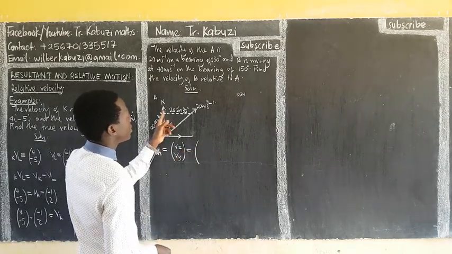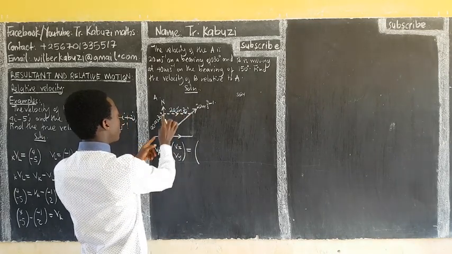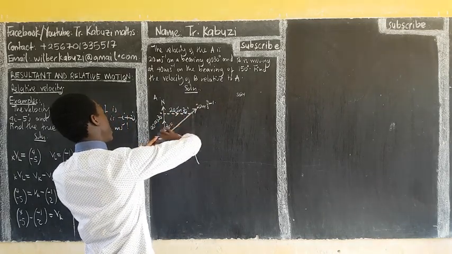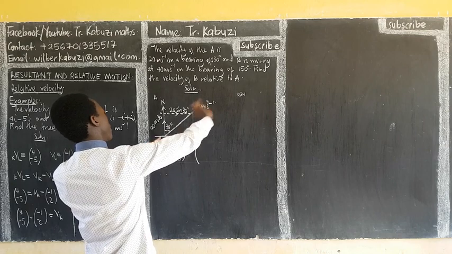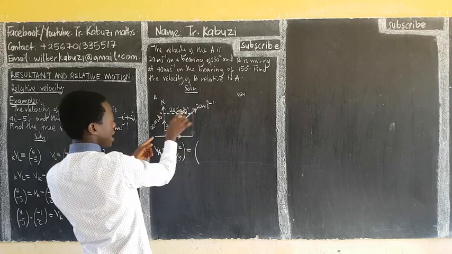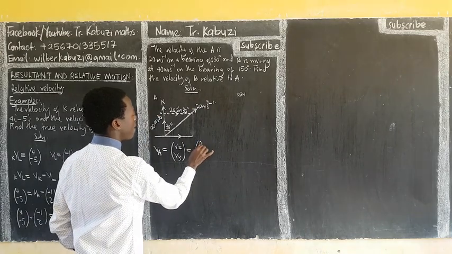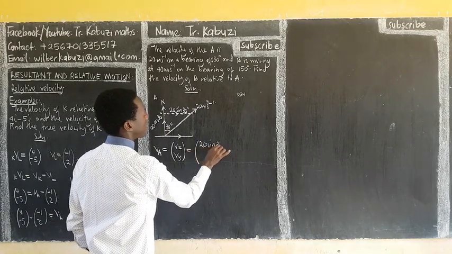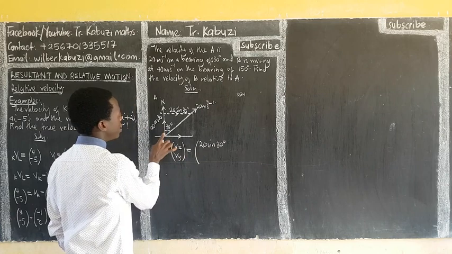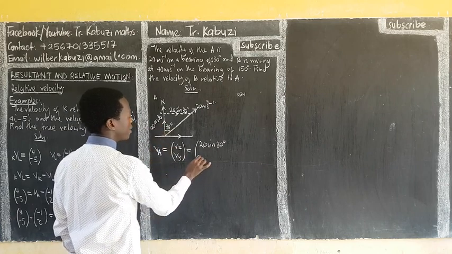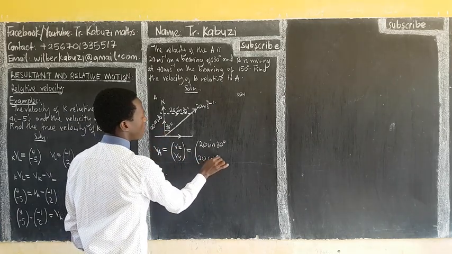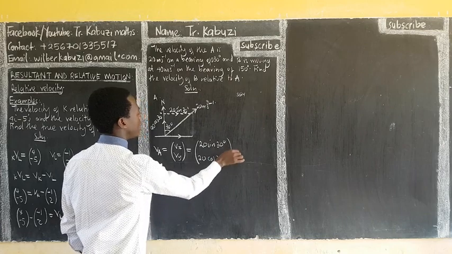The x component is the direction where it's going. See it's going in the positive, so that's why I have 20 sin 30 degrees. Then this one is also going in the positive, so it's 20 cos 30 degrees.